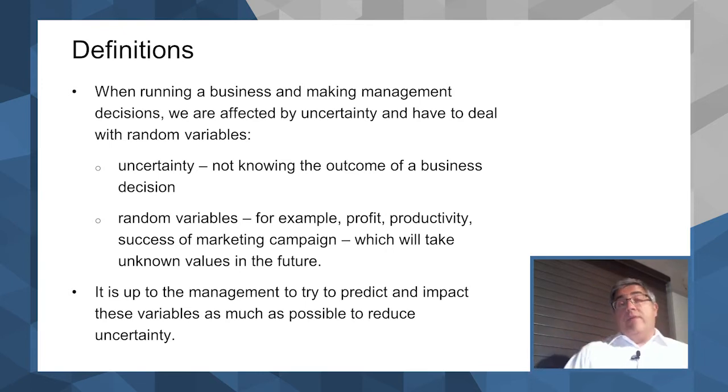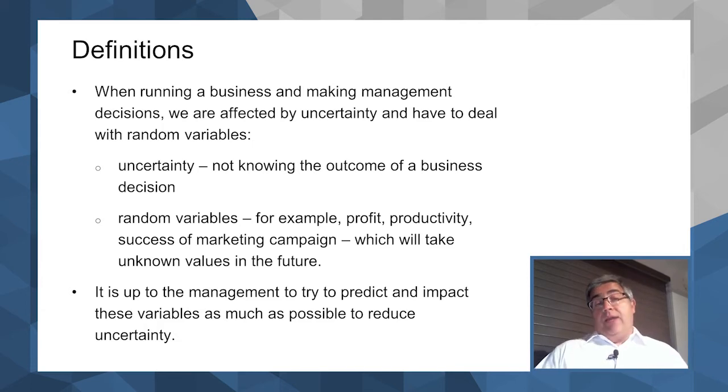So we are trying to manage random variables under uncertainty, and for that we're going to make decisions. And those decisions, because their outcome is also uncertain, we have to try and understand as much as possible how likely different outcomes are once we make those decisions.